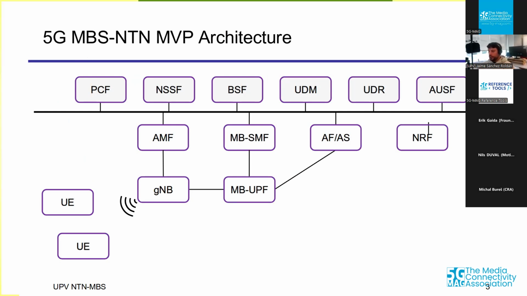The two main things that we did were the MBSMF and the MBUPF. These are the multicast broadcast versions of the regular SMF and UPF. And also we have a very simple AF just to send the content to the network and to be transmitted through MBS.